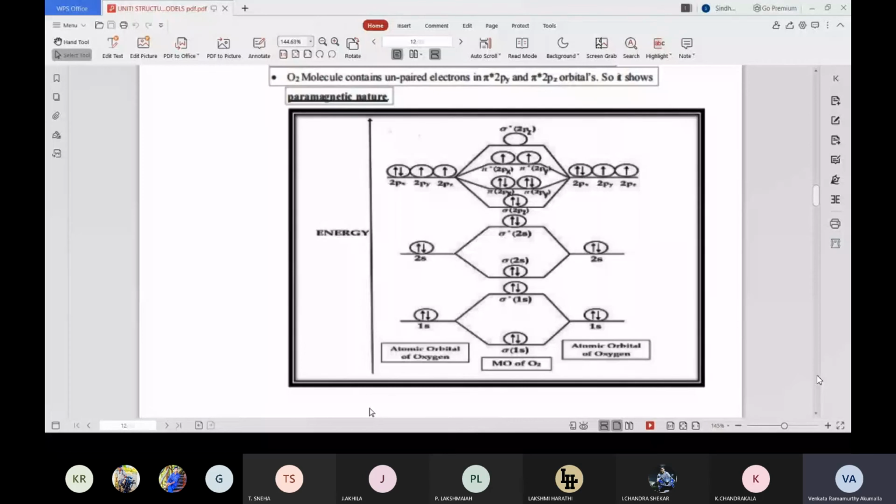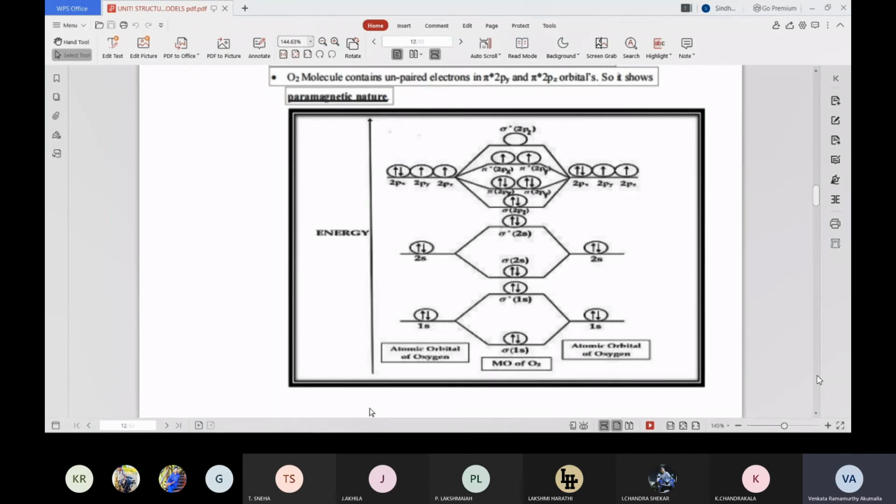The π* orbitals are at equal energy level, so the electrons share them, one electron in each orbital. So π*2px has 1 electron and π*2py has 1 electron. Two orbitals with one electron each are called unpaired electrons.